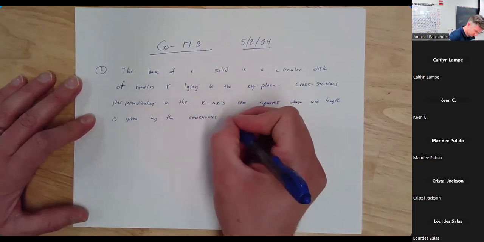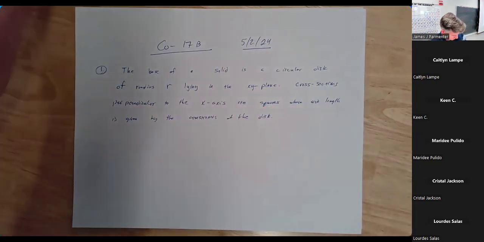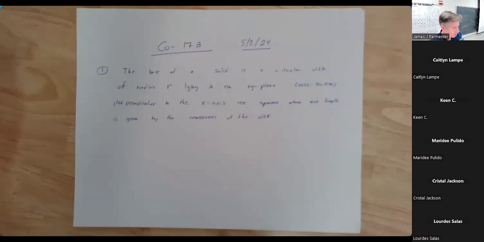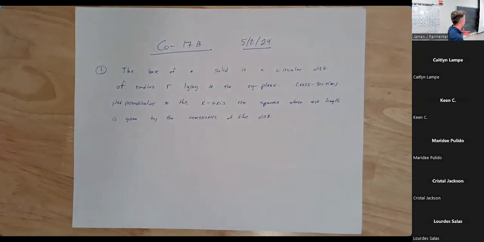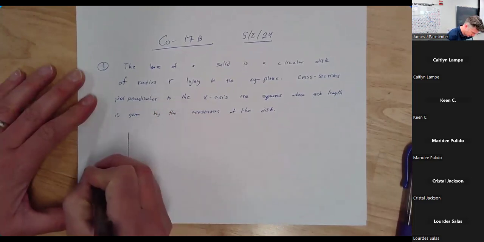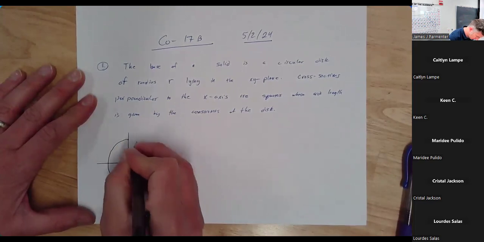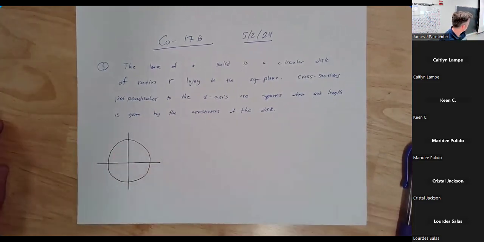That noise. It's terrible. So I'll say about this picture you don't really need to draw, but I'm going to draw it so you can see it. We have a circle. This circular disk of radius r, that circle is the base of our solid.